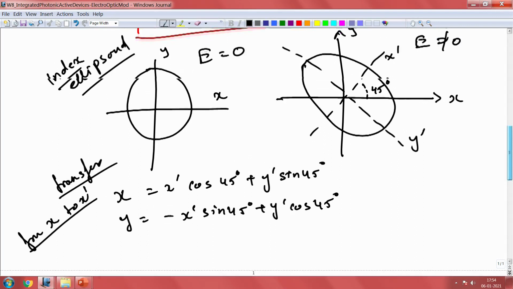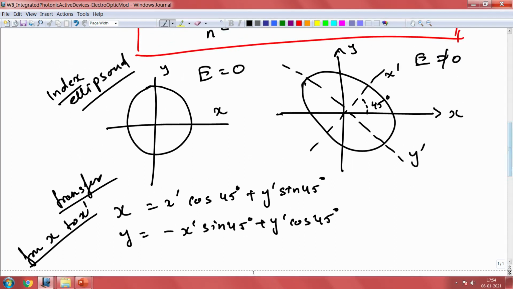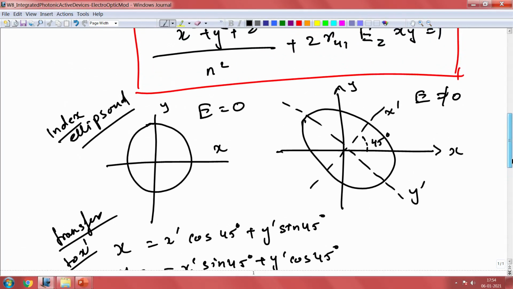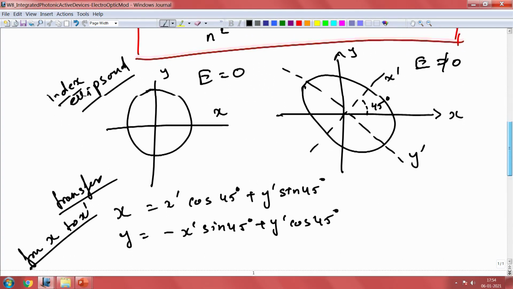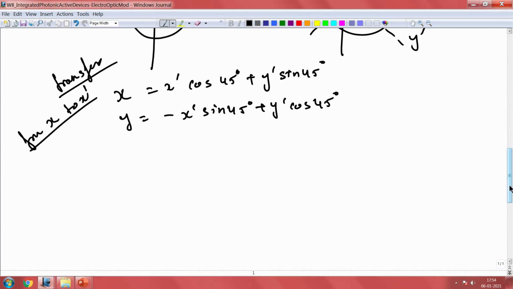So, now we can apply this transformation to our ellipsoid here, right. So, we have written the ellipsoid equation there. So, we can apply the transformed form now.